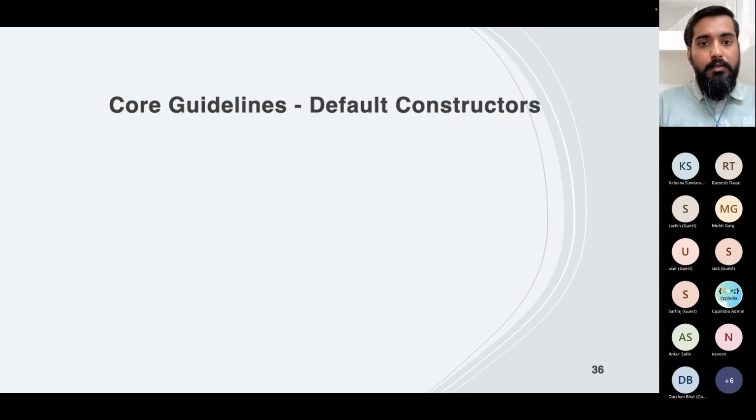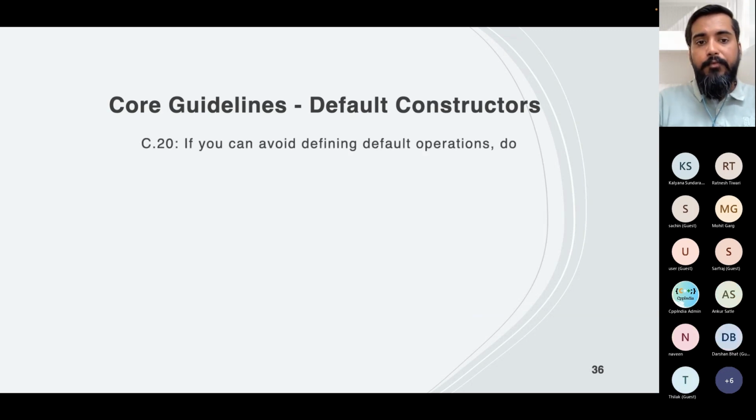Now, the next category is default constructors. If you can avoid defining a default constructor, please do that. Please do not add constructors just for the sake of creating them, because if you create any one constructor, the compiler will assume that you are smart enough to handle your code, and it will not add the other default constructors.